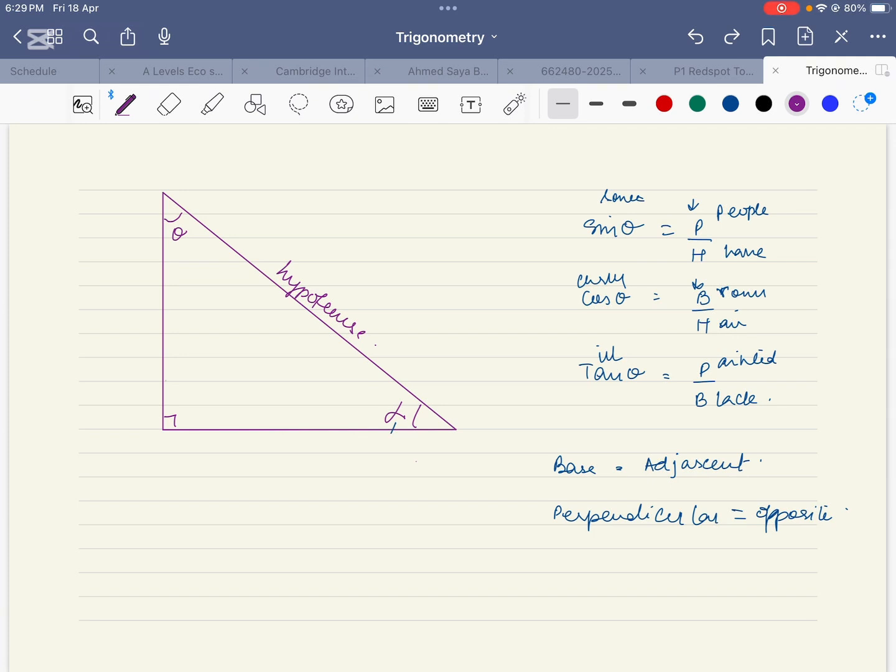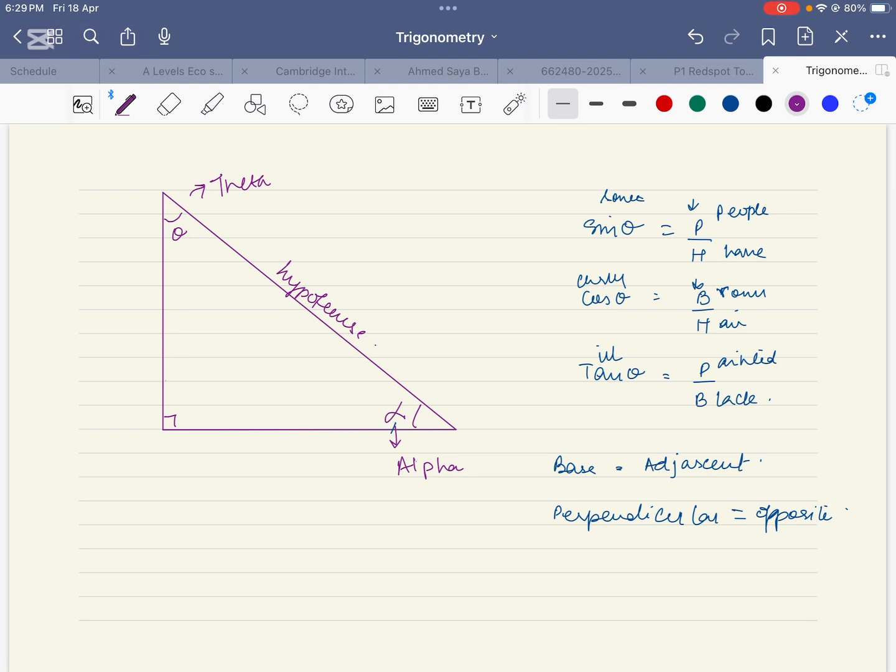But in trigonometry, base and perpendicular are determined in accordance with the angles. So let's have a look. This is angle theta and the other angle is angle alpha. The thing to note here is that both the angles are going to be acute angles, meaning less than 90.